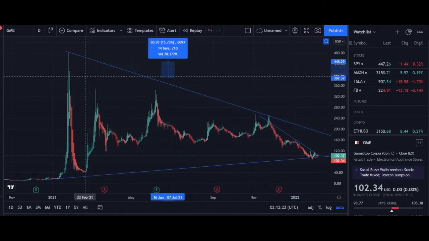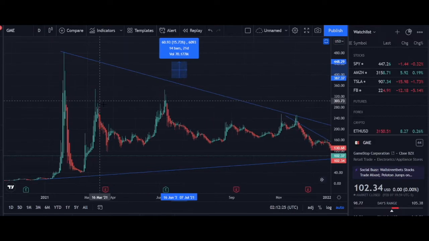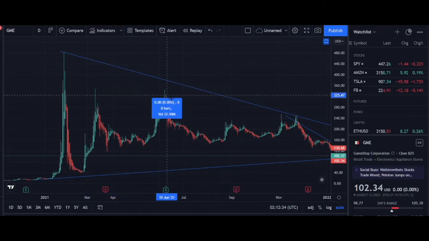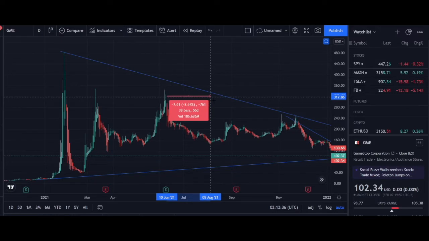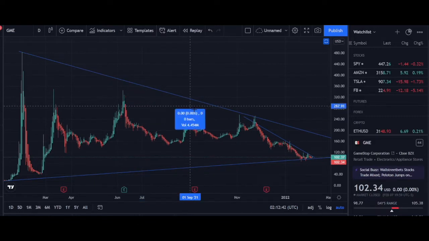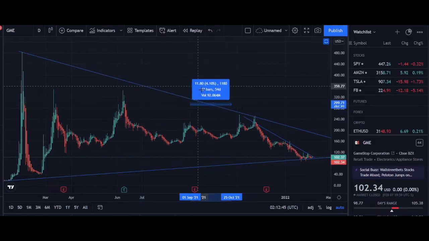So from this drop right here until the bottom right here, we had 40 trading days and 57 calendar days. From this drop to this bottom, we had 39 trading days and 56 calendar days, and from this top until this bottom, we had 37 trading days and 54 calendar days.